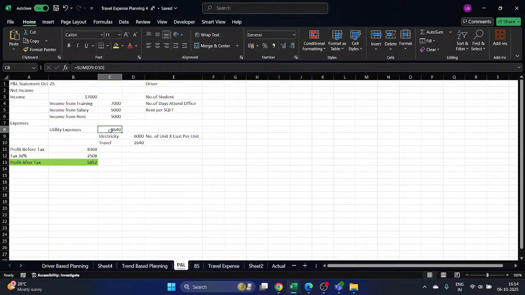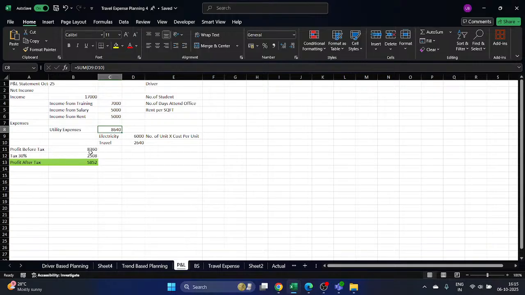Profit before tax is 8360. When we reduce the expenditure from our income, then the profit before tax is the actual amount. It comes after reducing the expenditure.